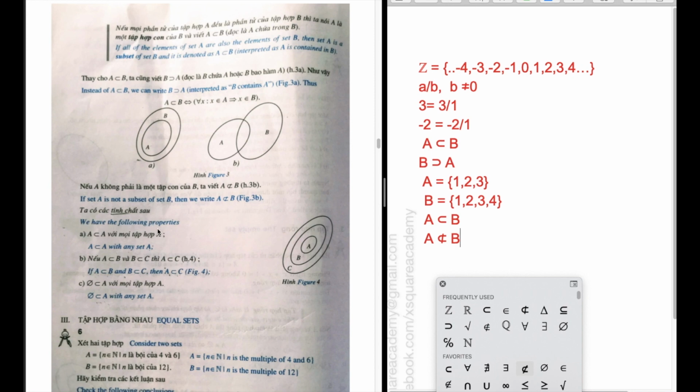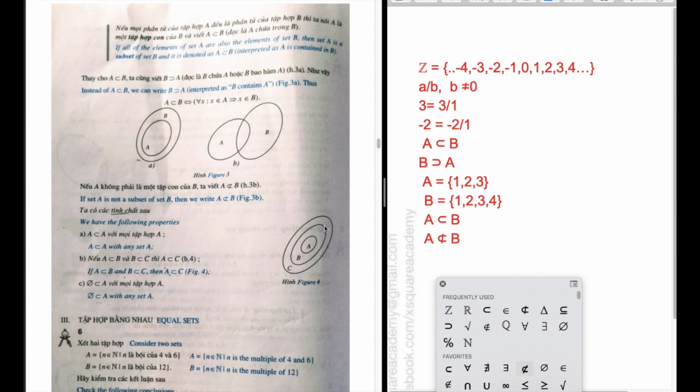Continue. We have the following properties. A is a subset of A, for any set A. If set A is a subset of set B and B is a subset of set C, then A is a subset of set C. You see in this diagram in figure 4, A is a small set, B is a bigger set, and C is the biggest set.